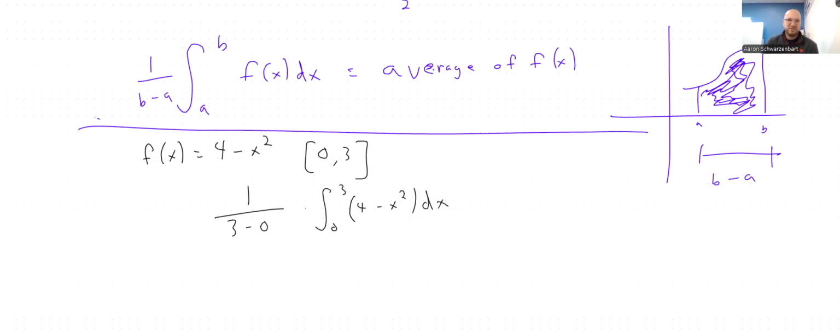Well, we haven't learned how to do that by hand. That comes for the week after break. So we're going to do that by calculator. So 1 divided by 3 times, because it was 1 over 3 minus 0, 1 divided by 3. Menu, calculus, numerical integral.